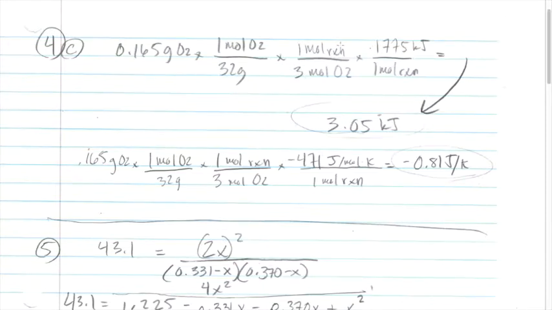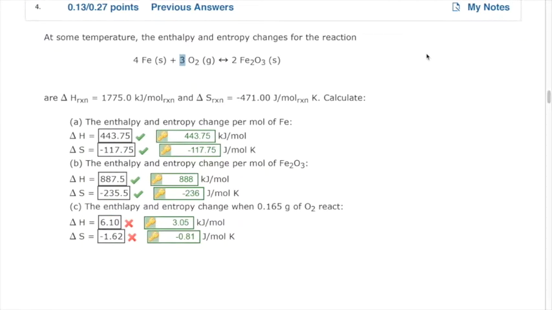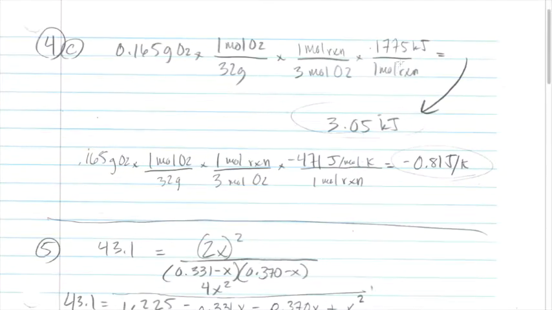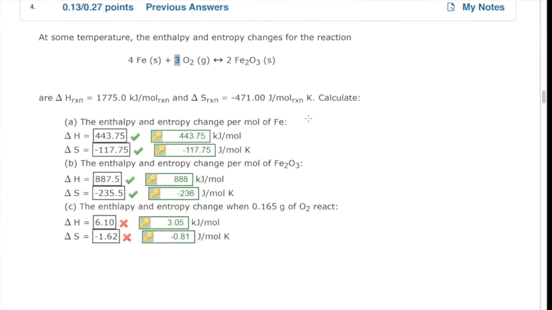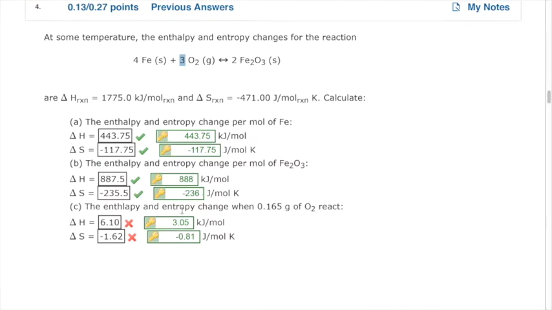And we know from the thermodynamic data given that we have 1,775 kilojoules of heat absorbed per 1 mole of reaction. So we have successfully converted from 0.165 grams O2 to the heat absorbed in that reaction. That is the delta H, 3.05 kilojoules per mole.